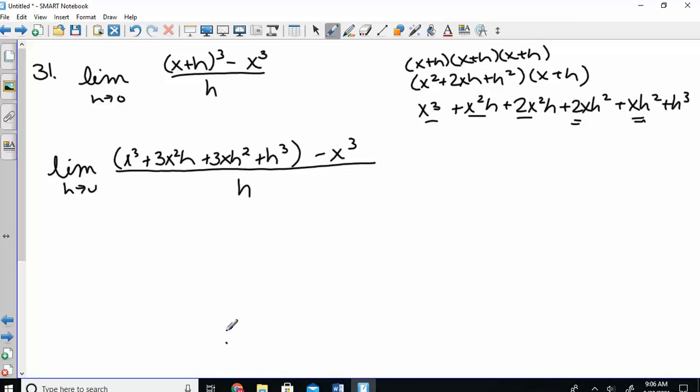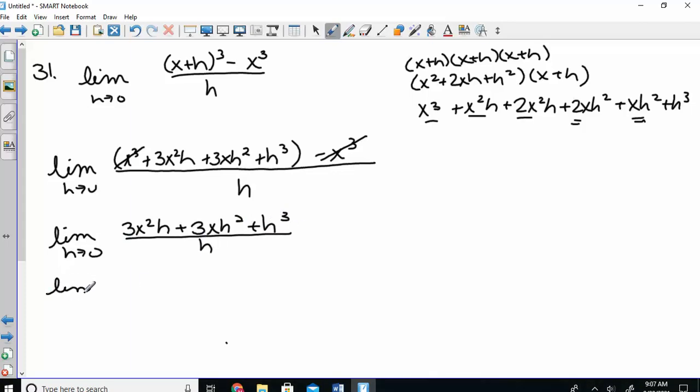Okay, now, what do you do with the top? So if you didn't get this right, you should be working it with me. These x cubes drop. Now, what can you do with everything that's left?